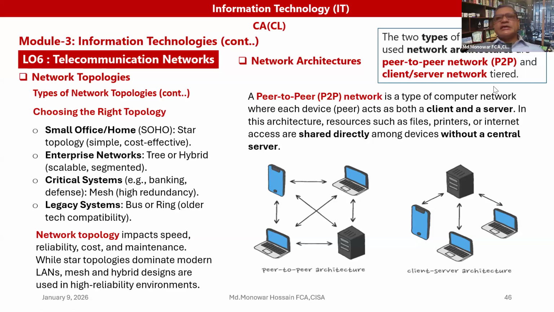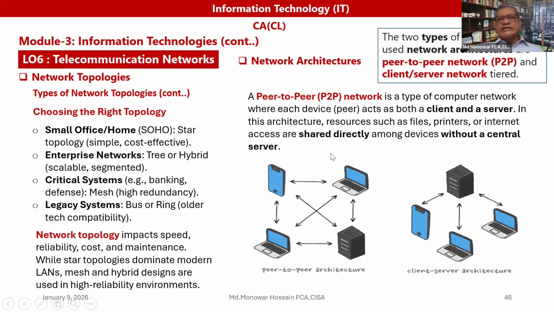And if we see here the network architecture, we know there are two types of network architecture: peer-to-peer network, P2P, and client-server network. Look here, this is the peer-to-peer network, a type of computer network where each device, that is each peer, acts as both client and server.